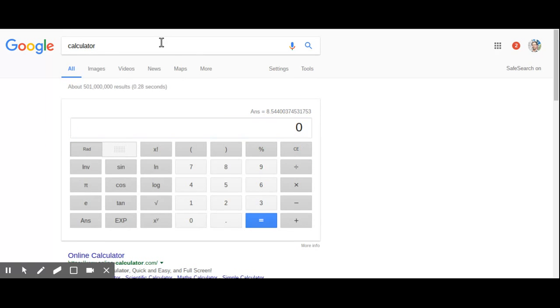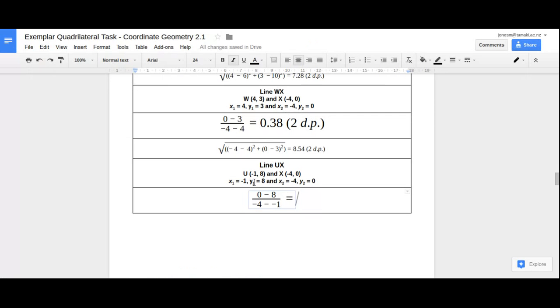So that is equal to 0 minus 8 divided by negative 4, take away negative 1, so it's going to be negative 4 plus 1. And the answer here is 2.67, rounding to 2 dp.